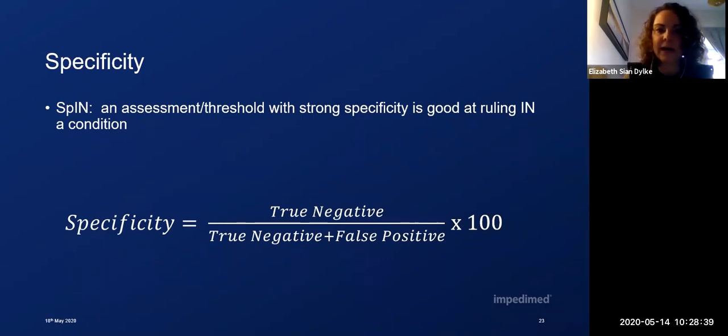While a test for screening with good sensitivity is aiming to rule out the condition from being present, with a diagnostic process, we are looking to minimize false positives, where we say that the condition is present, but it's not. In our 2016 study, the 3 standard deviation threshold had a slightly higher specificity than the 2 standard deviation threshold.